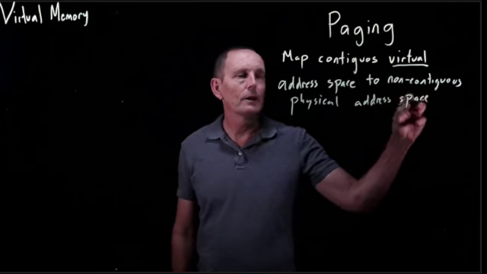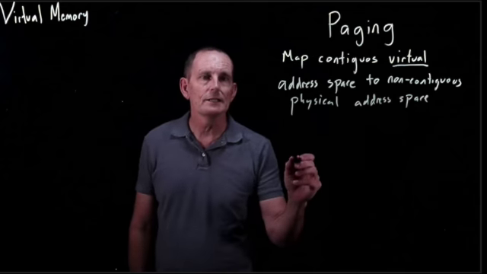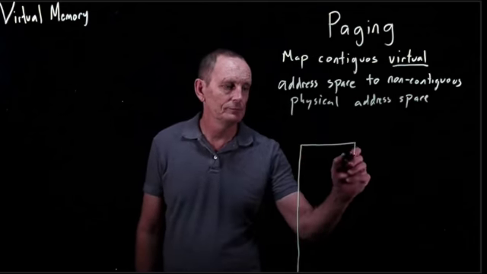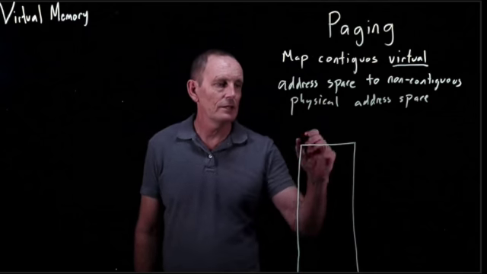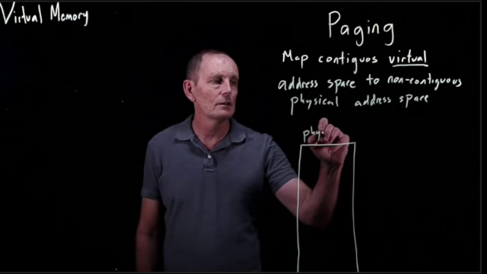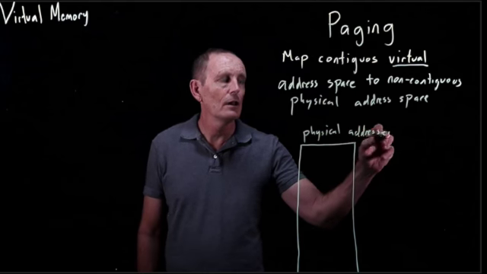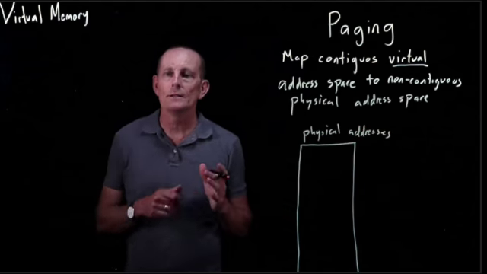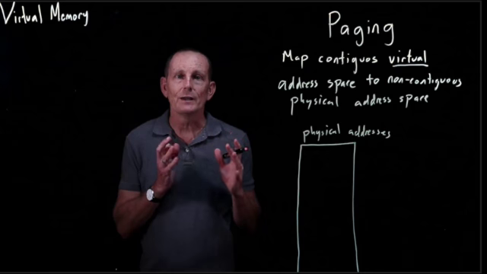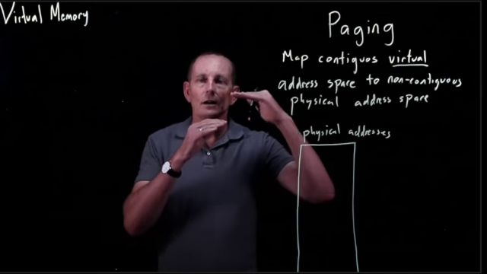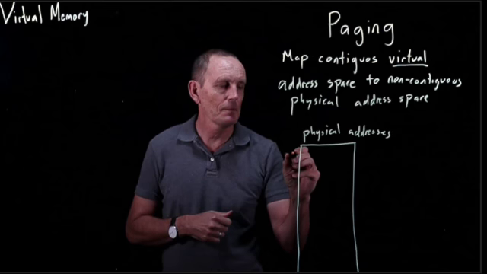So let's look at how we're going to do that. Let's say this is memory here. That is, these are physical addresses. And we're going to break them up into what we're going to call frames or physical pages. Physical pages are all going to be of a fixed size.